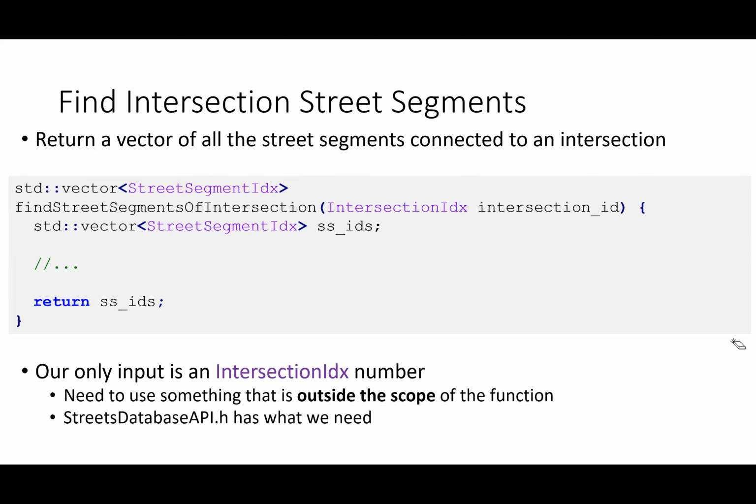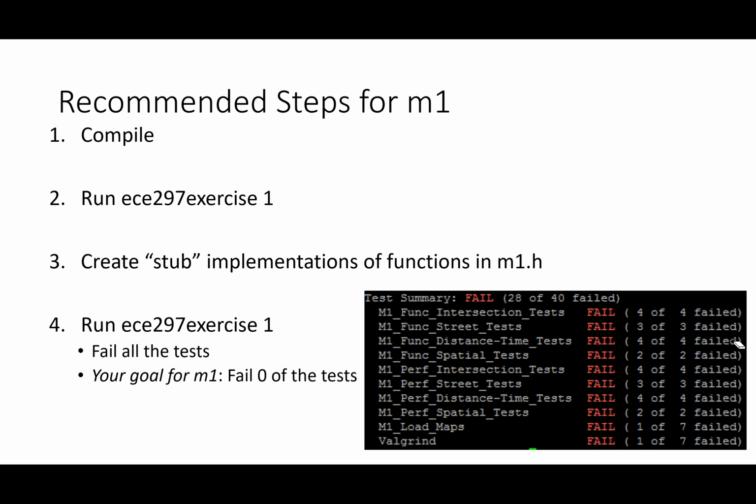Okay, so I've got things compiling, and I've got errors. Oh, and by the way, all of our scripts, all of our tools for this course take a -h argument. So if you want to know, are there any other ways I can run ece297 exercise? There are, and you can see what they are with the -h option. In particular, you can tell it to only run certain tests.